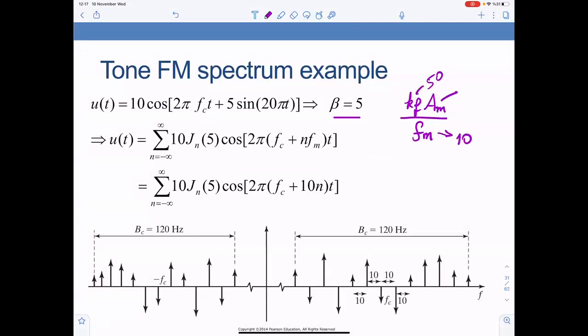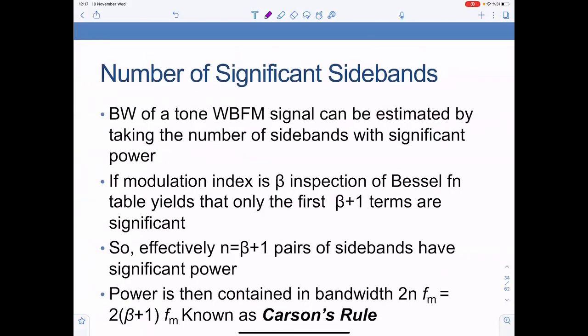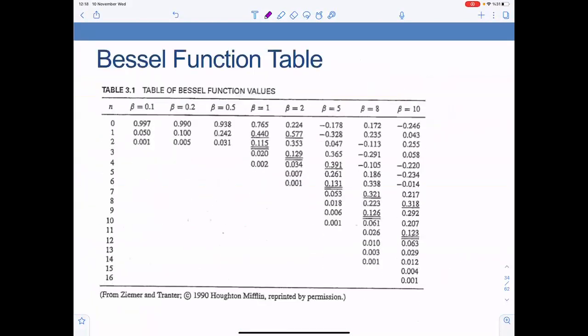Okay. Now, what do we have? We have this Fourier series expansion expression, right? And we have Jn of beta, beta is 5. And now we have these spectral terms. So we have to look up the values for Jn of 5. So it's good to take a look at this table a little bit, and then you will see what's going on.